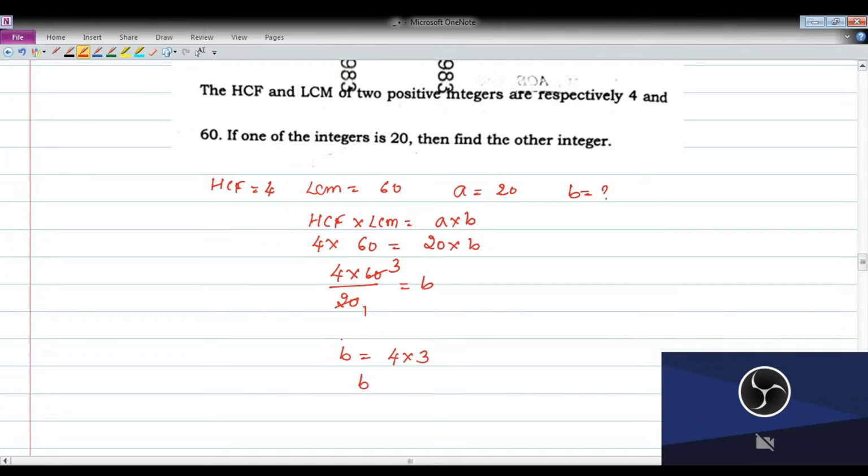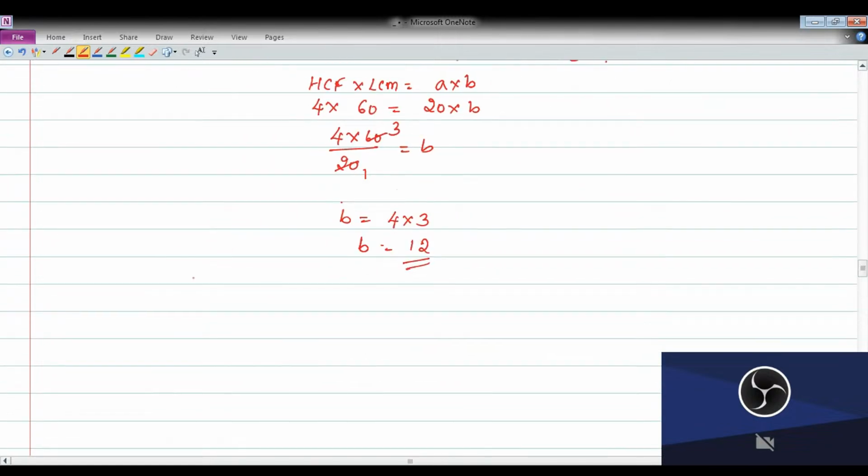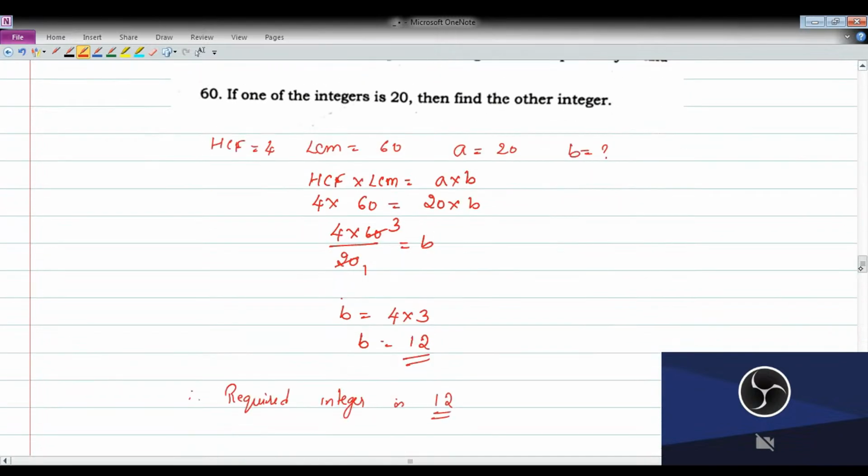So B will be equal to 12. Therefore the required integer is 12. So this is a very simple question from the chapter real numbers.